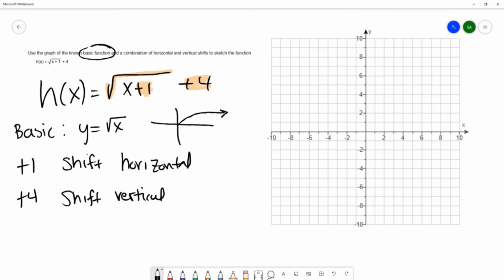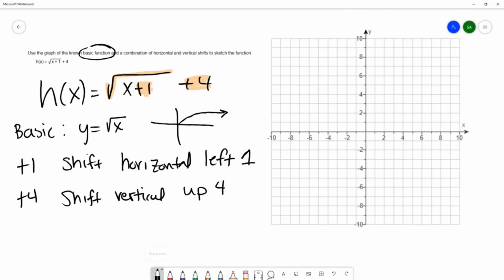Now, horizontal could be either left or right. Because this is a plus 1, I know it's going to move to the left 1. A vertical shift is either up or down, and because this is a plus 4, I'm going to go up 4 with my graph. So now I'm ready to graph my function using these transformations.